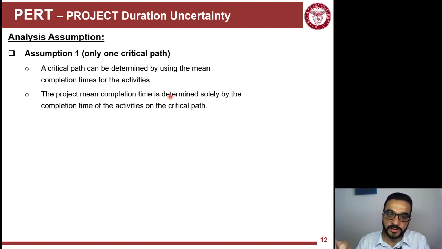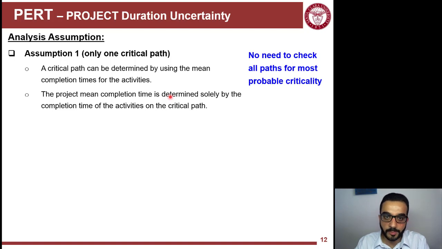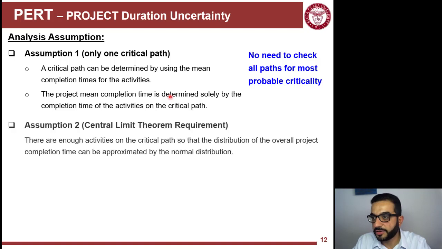So we'll focus on the mean times, put these on the network, do the CPM calculations using these mean durations of the activities, and then the path with the longest duration is the critical path. So no need to consider multiple paths of different lengths. We acknowledge that they have different standard deviations, but we will just focus on the mean values here. The mean duration of the paths will be the determining factor.